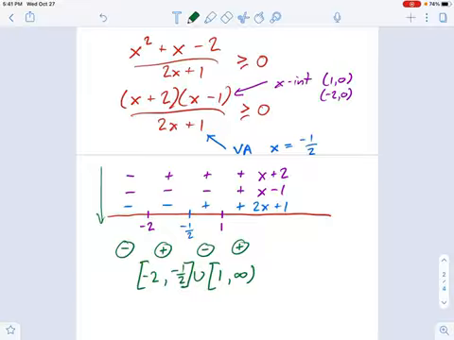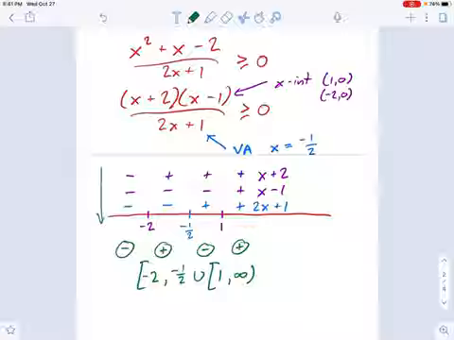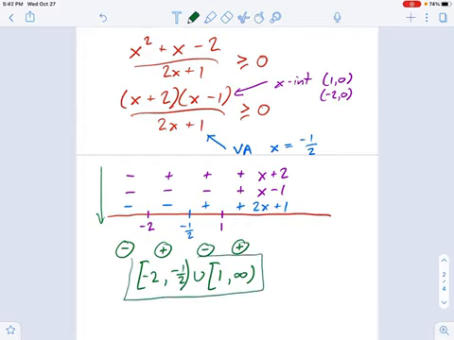What if I use x equals negative 1/2? If you plug in x equals negative 1/2 into that equation, you're going to get a 0 on the bottom. That doesn't produce 0 for your result. It produces infinity. So we can't have that. This one is not going to be a square bracket; that's going to be a curved parenthesis. And that's going to happen anytime you're dealing with a vertical asymptote instead of an x-intercept.